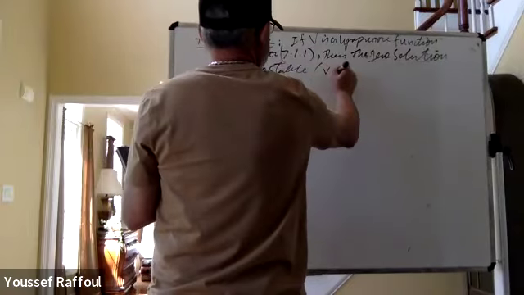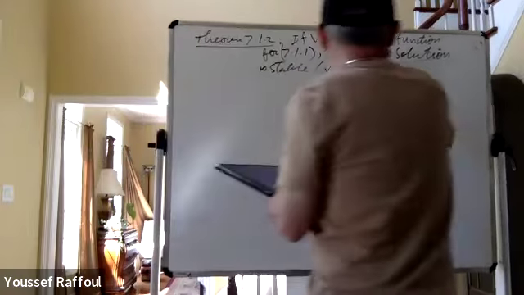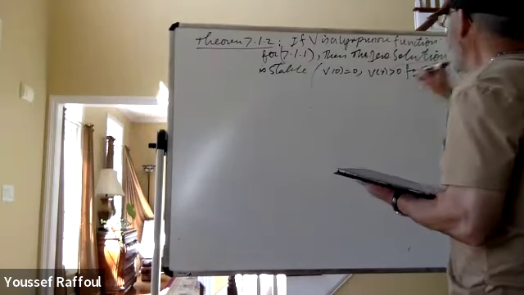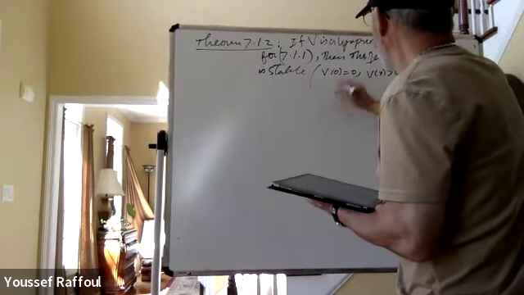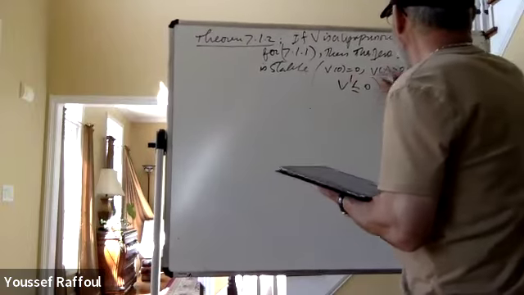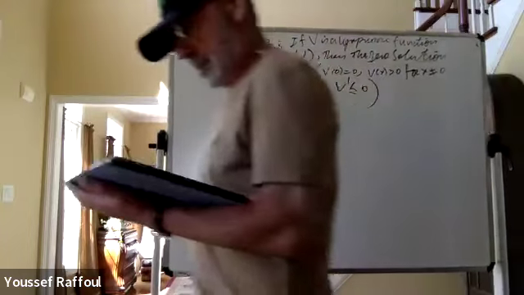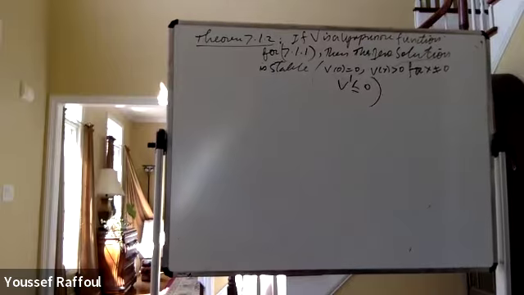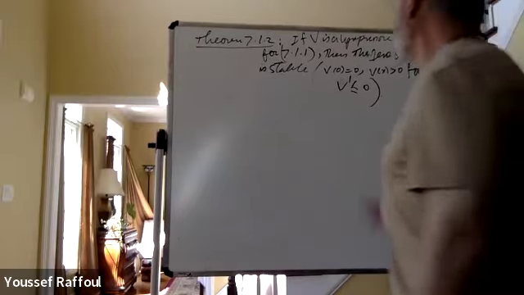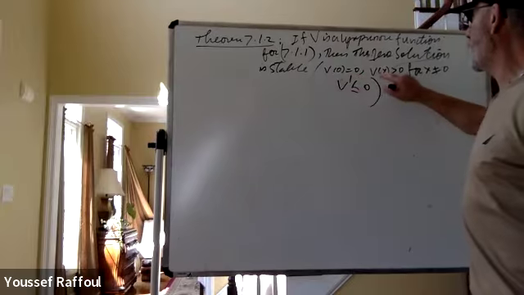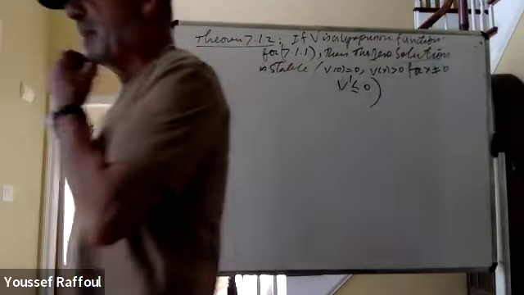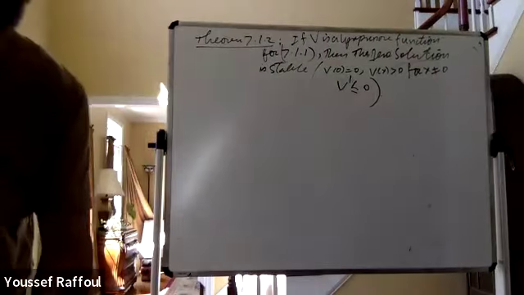So basically what I mean is V(0) equals 0, V(x) is positive for x not 0, and V prime is less or equal to 0. This is what it means. Or you can read the theorem in the book. I stated it out. The Lyapunov function means this: V(0) equals 0, V(x) positive, and V prime is less or equal to 0. This is what a Lyapunov function means. Okay. Any question?